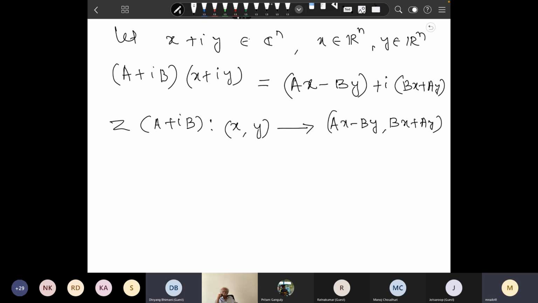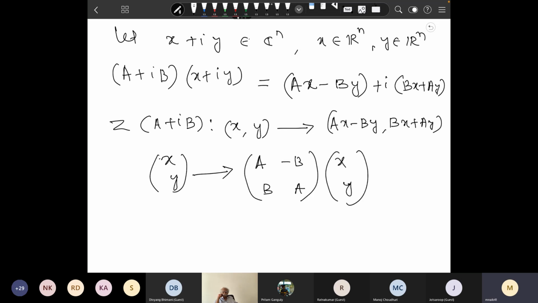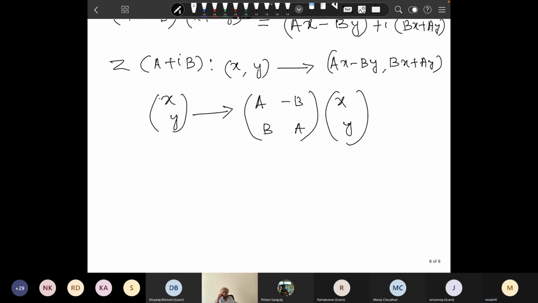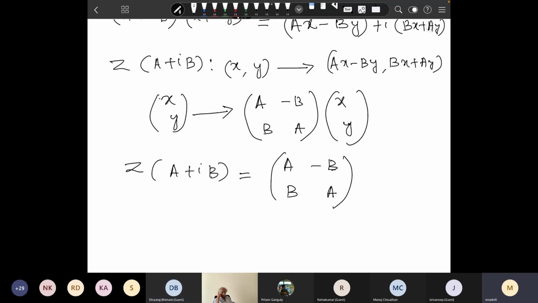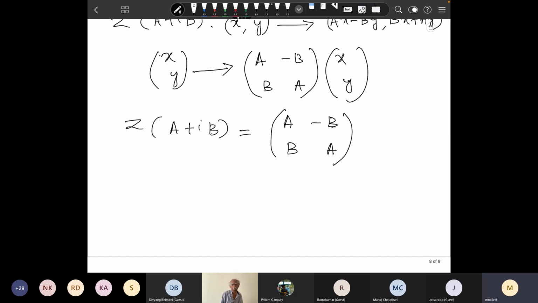Writing as a column, (x, y) will go to the matrix [A, minus B; B, A] times (x, y). Is it clear? So Z of A plus iB is the matrix [A, minus B; B, A]. This is the embedding.